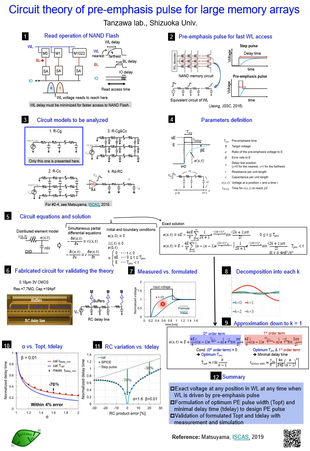You may wonder why we select 1/3 in addition to the farthest node. Because 1/3 is another slowest node when you apply the optimum pre-emphasis pulse.